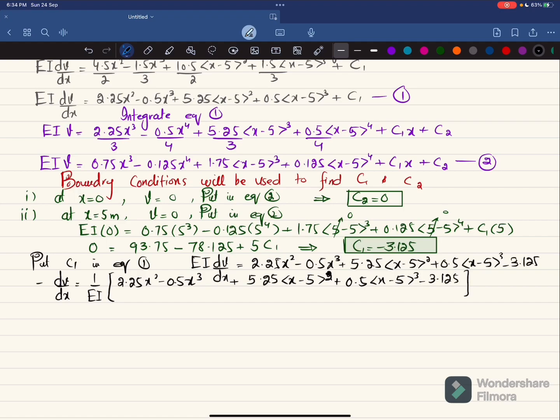And this dV over dx is equal to slope, which is the required equation of slope.